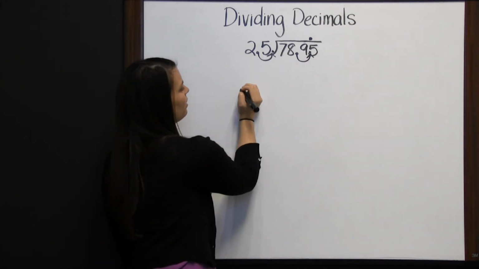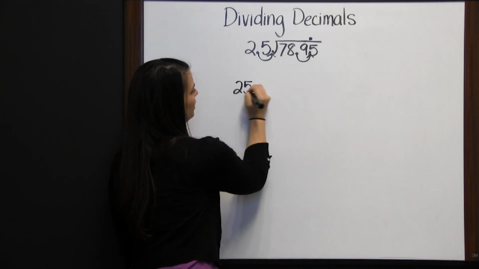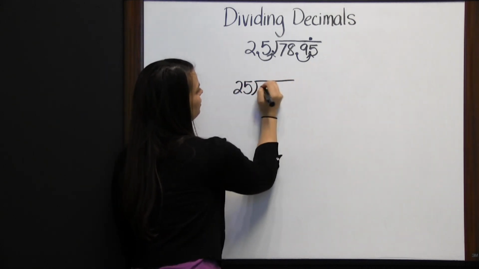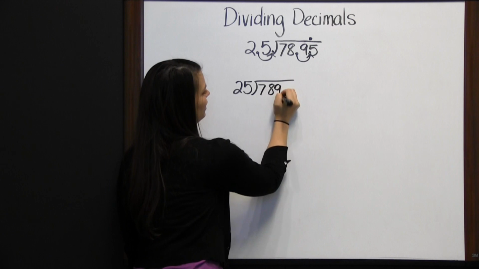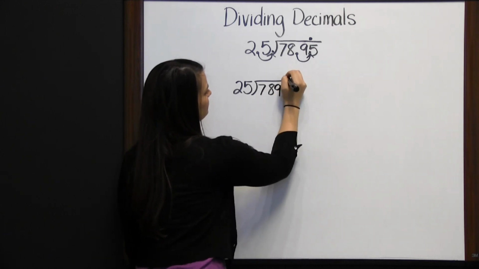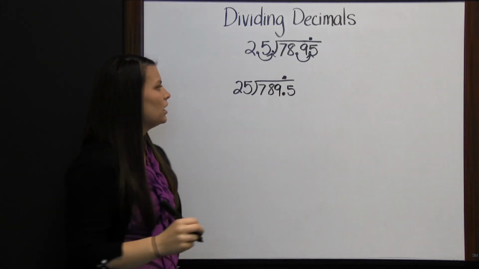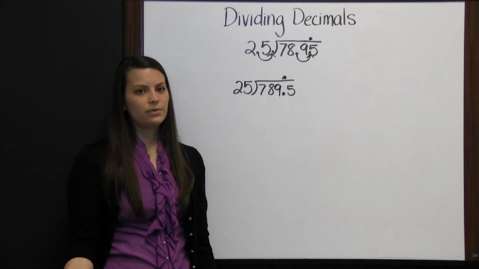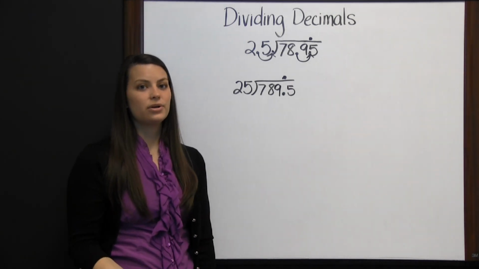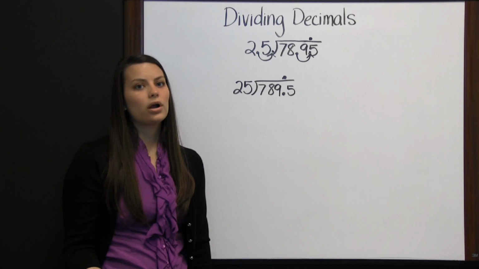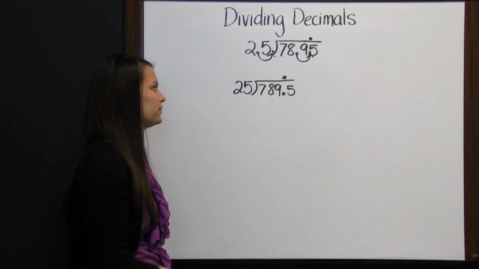So this means that now we're dividing 25 into 789 and 5/10. Now we just divide as we would with whole numbers until we get no remainder, or it's a repeating decimal.